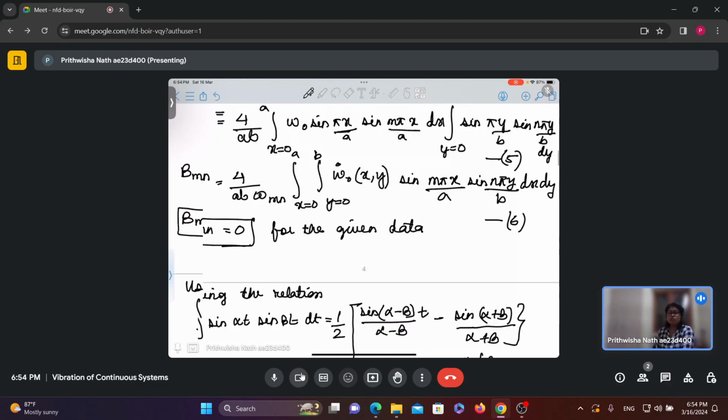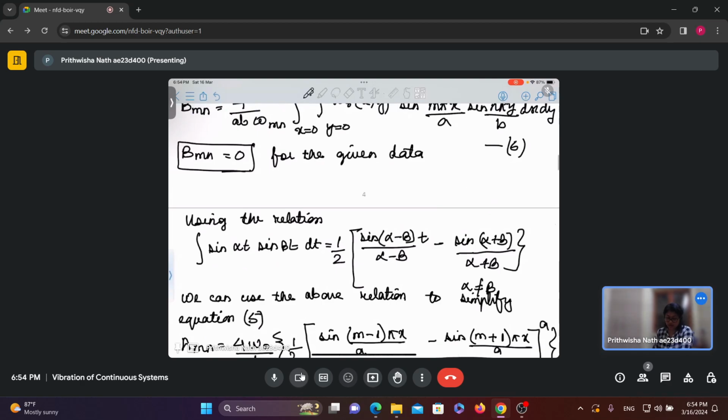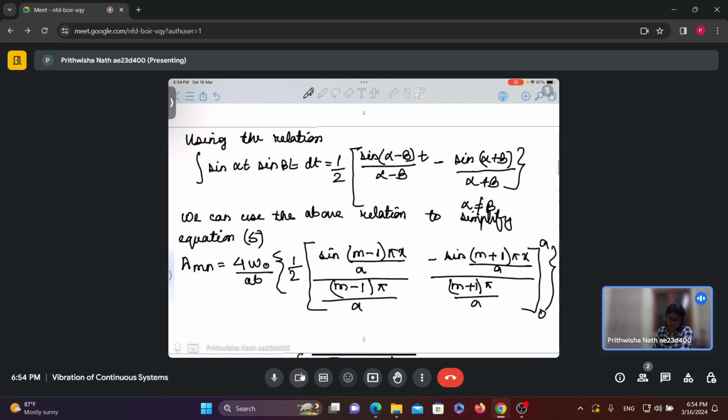Now for finding out AMN, we simply use this relation, which is given in this manner. Now we apply this relation to calculate AMN.